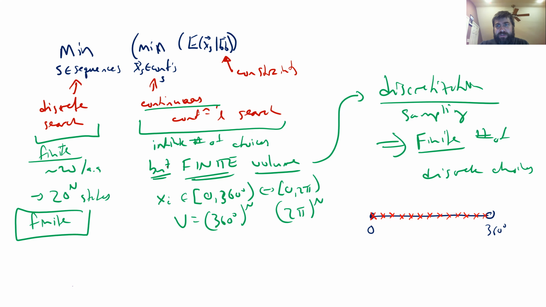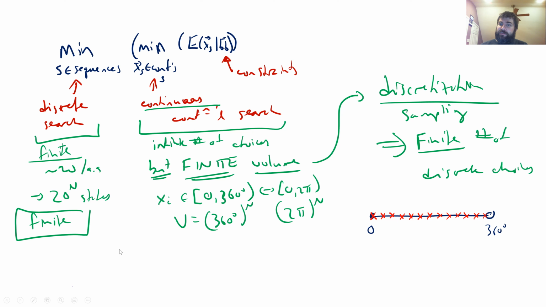Or we have to simply cut off entire volumes of the search space, which isn't necessarily valid. And so having a finite volume means that discretization can lead us to a finite number of discrete choices.